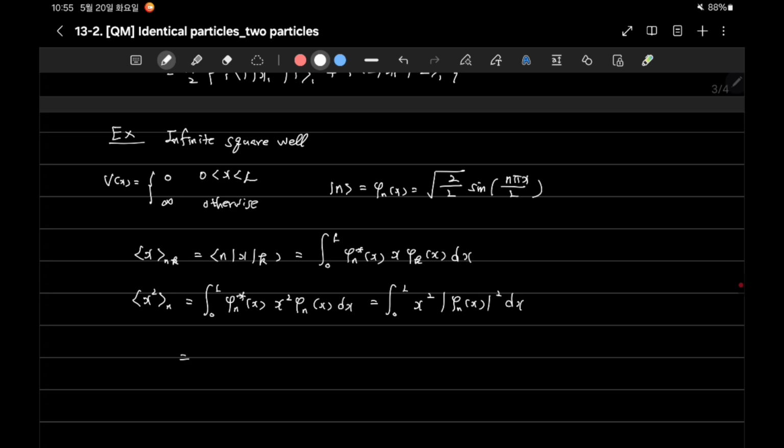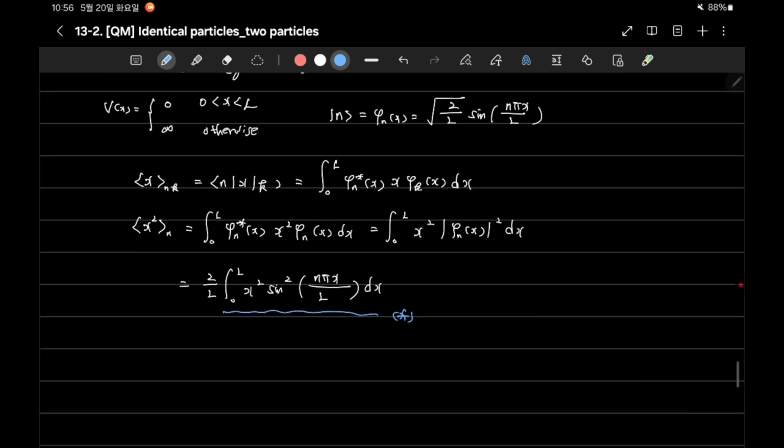Then phi is a sine function, so its square means 2 over L, integral from 0 to L of x squared sine squared (n pi x over L) dx. Let's denote it as star.